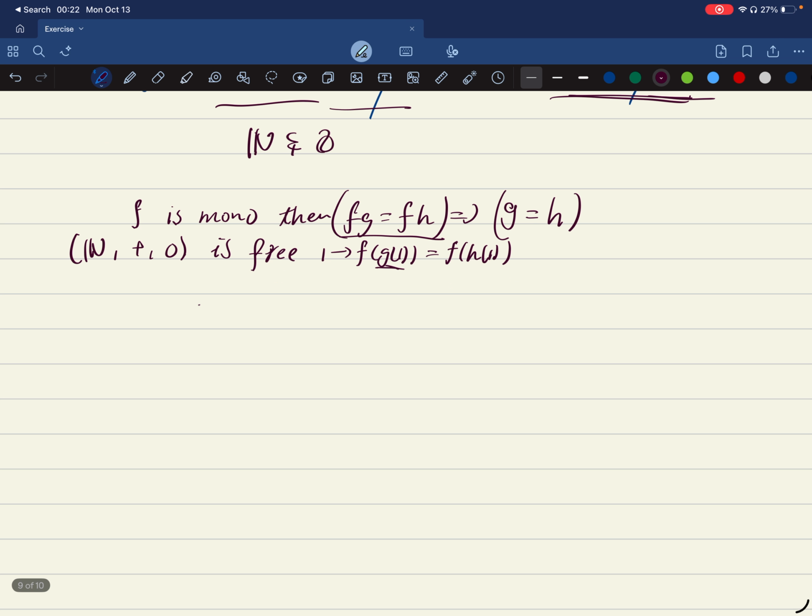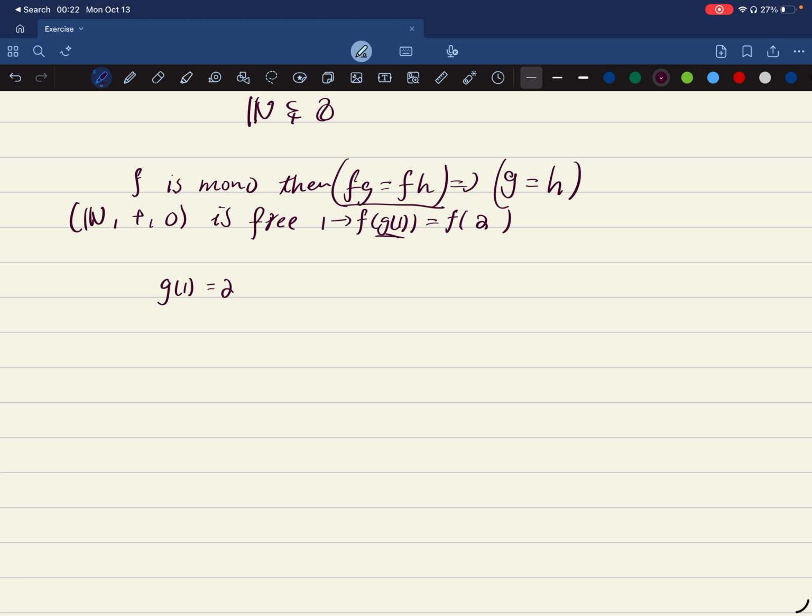Because G1, I'll just make it a little bit simpler. Instead of making it G, I'll make it alpha. So alpha of G1 equals alpha. This is immediate. We have Gn equals alpha n for all n.